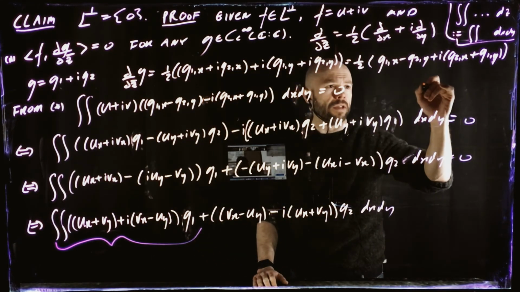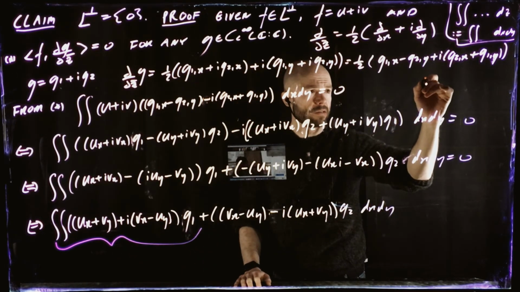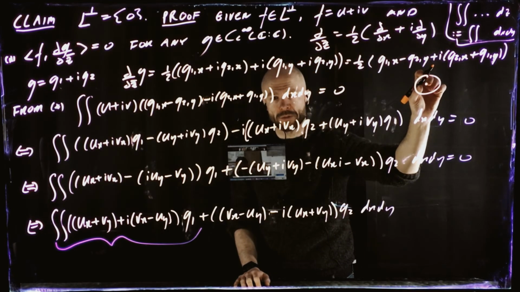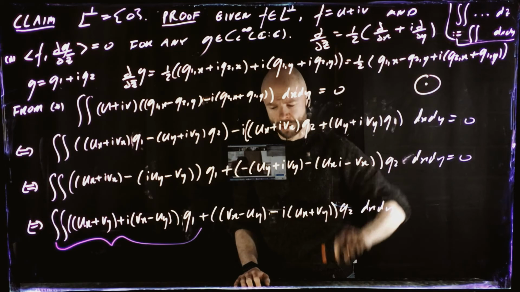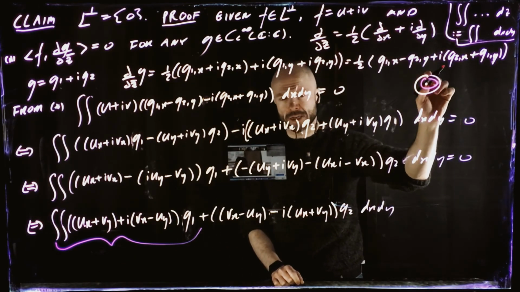So if there is a point where this entire complex number was not equal to 0, then we take a little neighborhood where it's almost constant, within some tiny epsilon of that non-zero complex number, and that epsilon is much smaller than the complex number. Then we take a function of compact support, supported inside here, and test it against it.